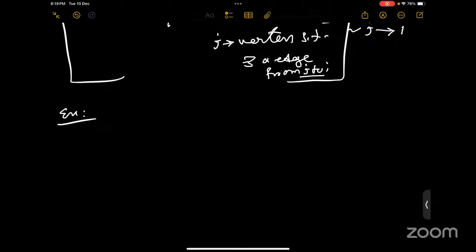Let us consider a graph. Suppose we have 0 to 1.